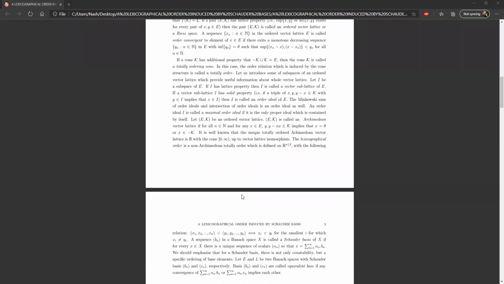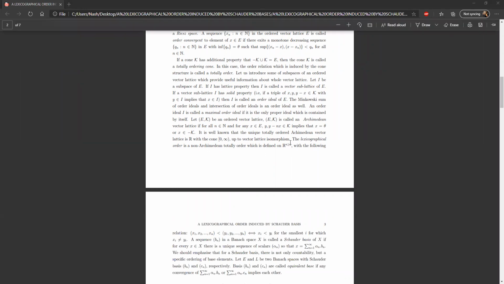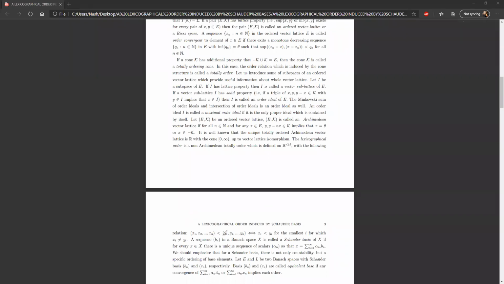Very well. Let me recall what is called the lexicographical order in the finite dimensional case. It is this relationship: a vector which has n components is less than the other vector when we have the same relationship for each of these components.